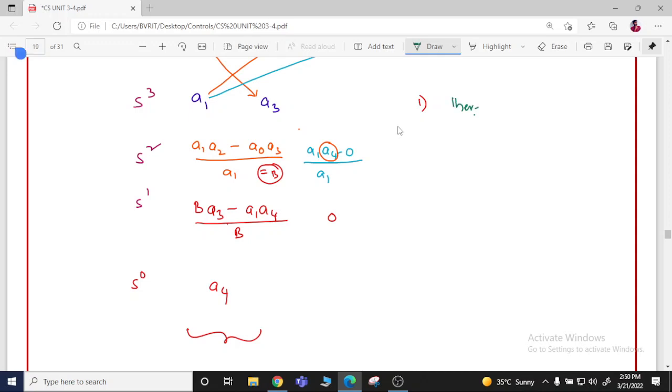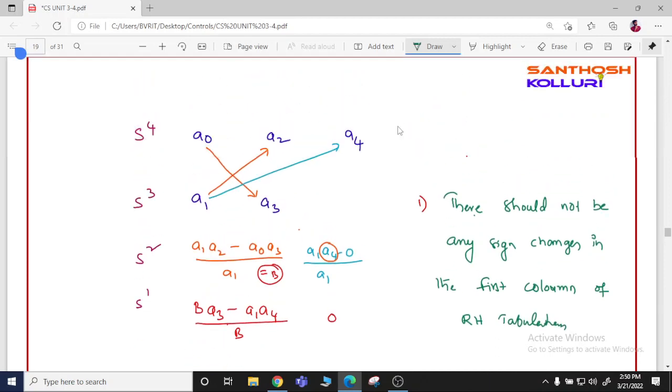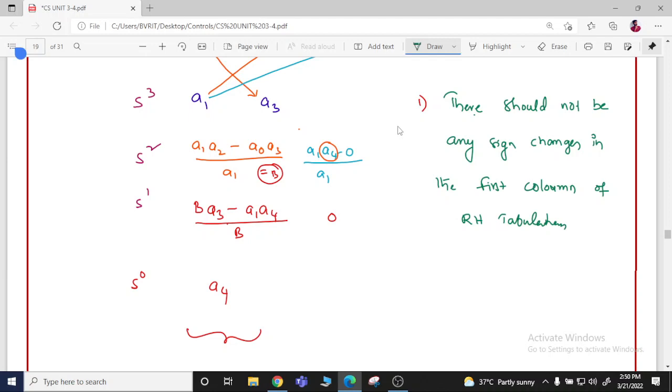If there are no sign changes in the first column of the RH tabulation, then the system can be called a stable system. So if you observe the first column and there are no sign changes in the RH tabulation, then we can say that the system is stable.